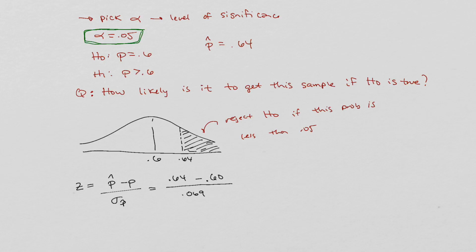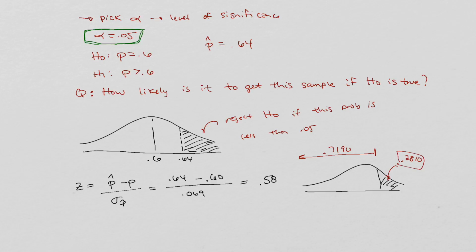And if you simplify all of this, we get a z-score of 0.58. So then if we look that up in our charts, this has a probability of, well, from here back, that probability is 0.7190, which means this probability is 0.2810.